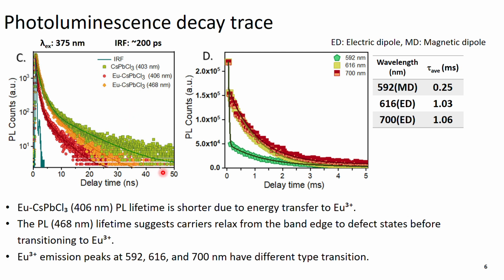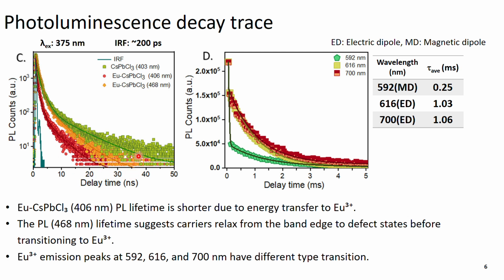And why, when we dope the europium ion into the perovskite, do we have a shorter lifetime? Because we suggest the carrier relaxes from the band edge to the defect state before it transitions to the europium ion.